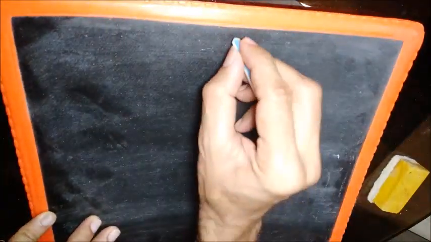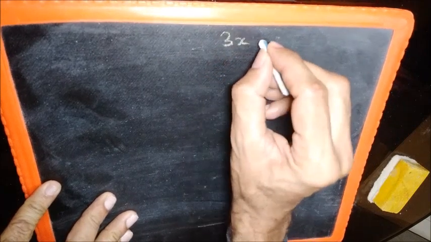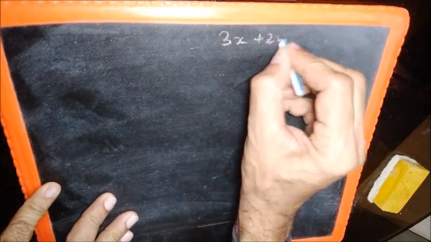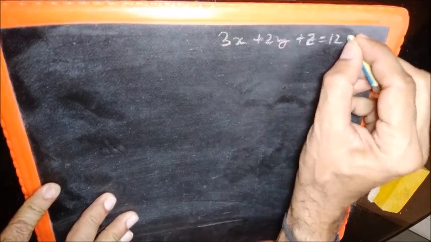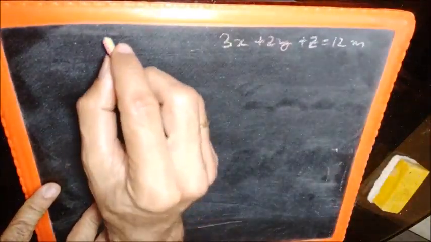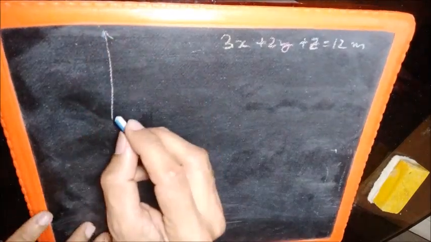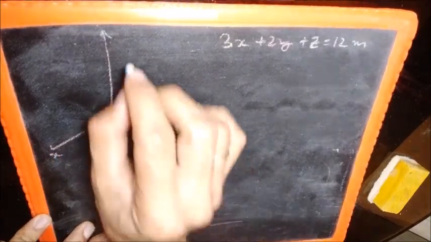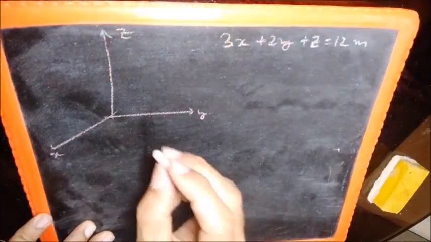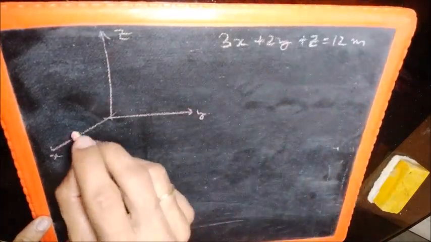So let us first try to identify this interface, 3x plus 2y plus z equal to 12 meter. This is the interface. If I draw the reference axis here, we see that when y and z is 0, x is equal to 4.